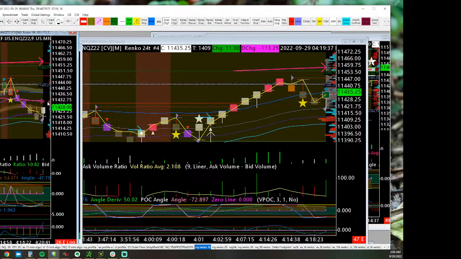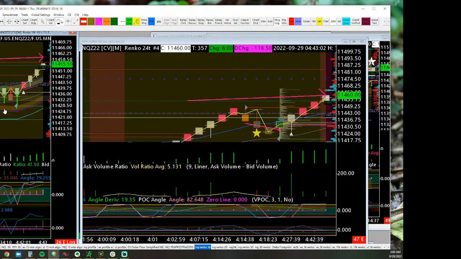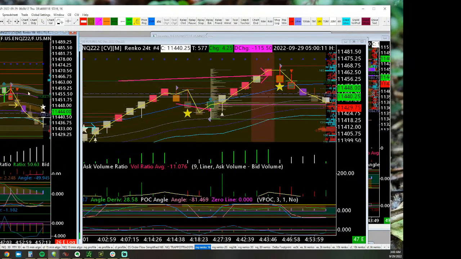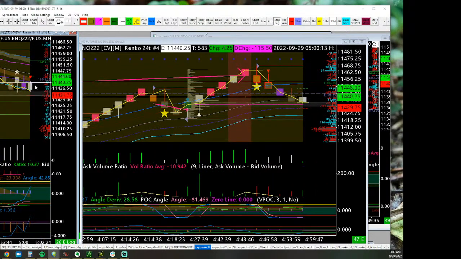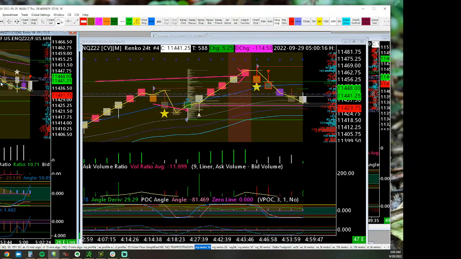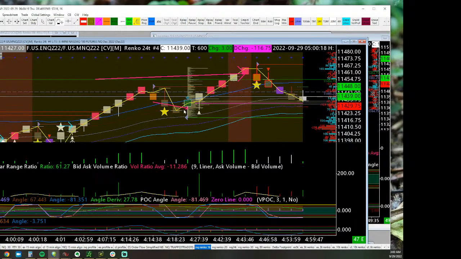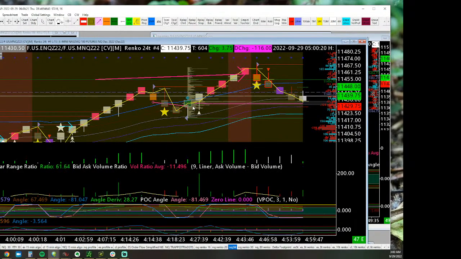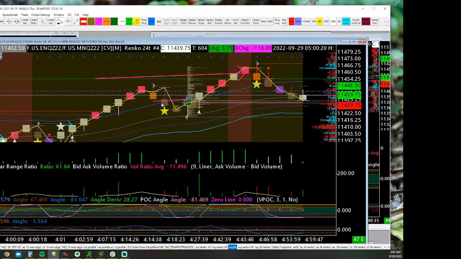You traded under it. You came back over it. That's an entry at 11,428, which is right here where you wanted to get long, right? So by trading the 16 tick, you can actually just get more trades, and that one would be an A plus trade on the 16 tick, but on the 24 tick, like 10 or 5 points later, it printed as an A grade trade.